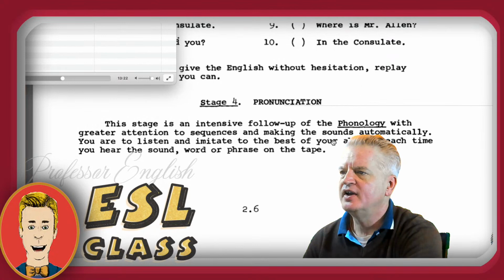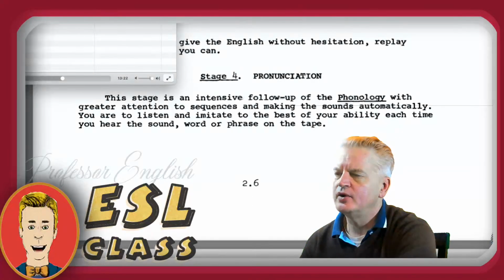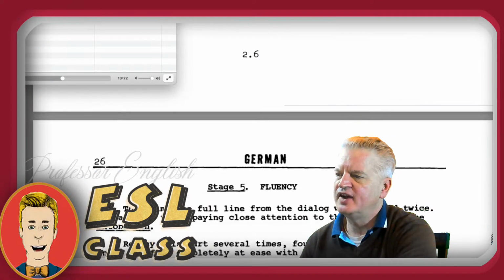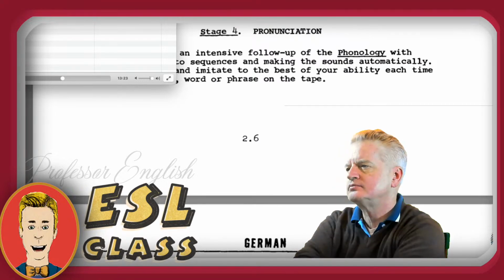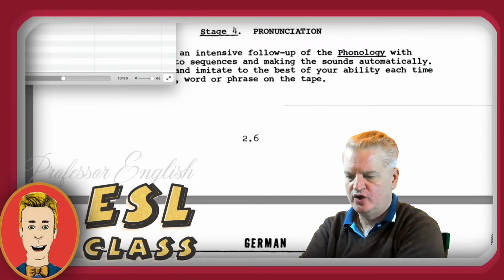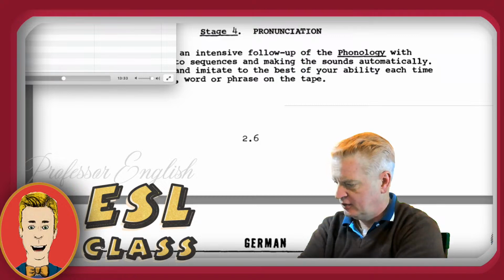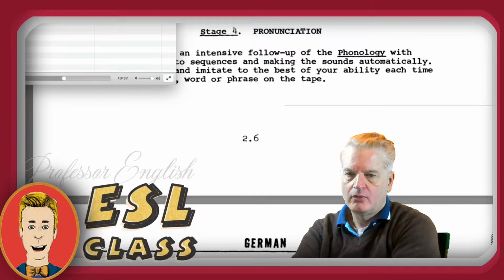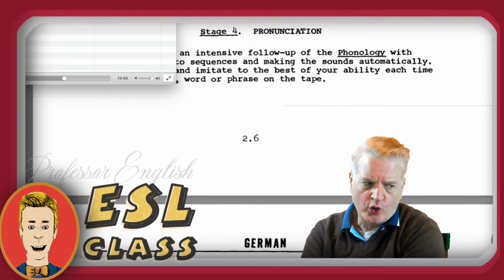You are to listen and imitate to the best of your ability each time you hear the sound, word or phrase on the tape. 1. Gut. 2. Guten. 3. Guten Tag.